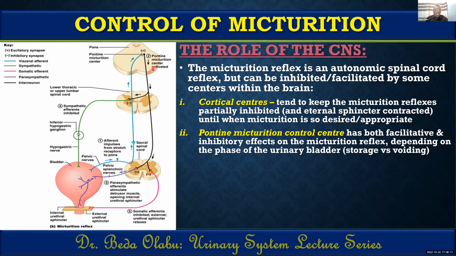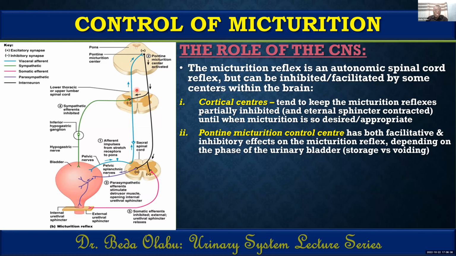It acts on the sympathetic division of the nervous system to inhibit the sympathetic efferents. If you inhibit the sympathetic efferents, principally the internal urethral sphincter is going to be relaxed. So that will lead to relaxation of the internal urethral sphincter.